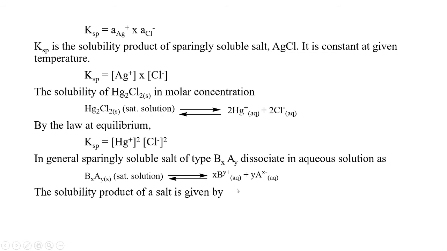So the solubility product of this salt is given by Ksp is equal to [B^(y+)] raised to power x into [A^(x-)] raised to power y. So this is the general sparingly soluble salt and its solubility product.